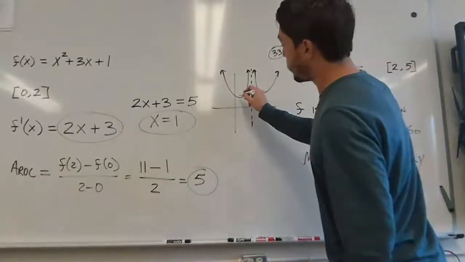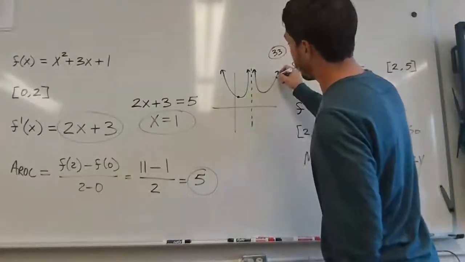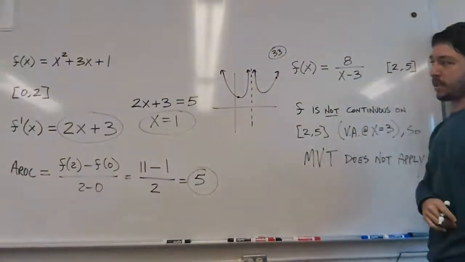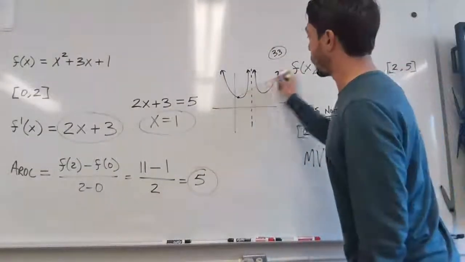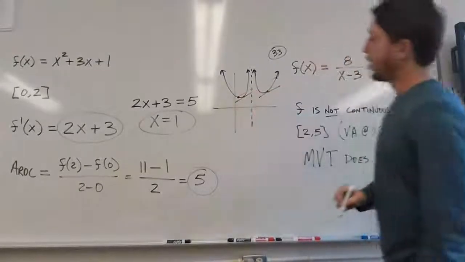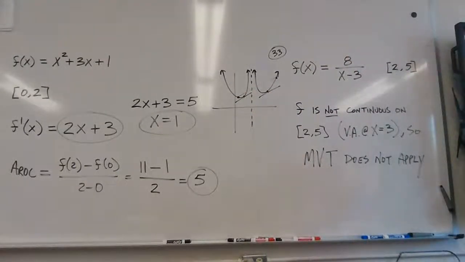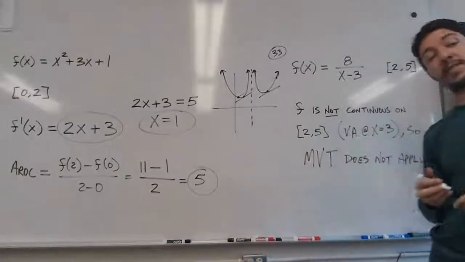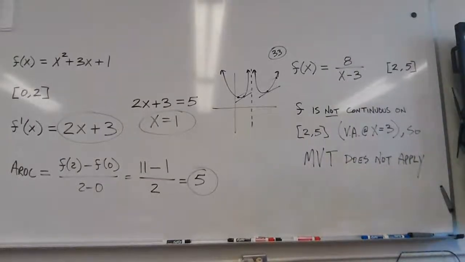And say the average rate of change you were curious about was from here to here. Are there spots on that function where the derivative is equal to that slope? Sure, right here, right here. But were they guaranteed to exist? No. So in this case, the question would be something like, is there a guaranteed value?